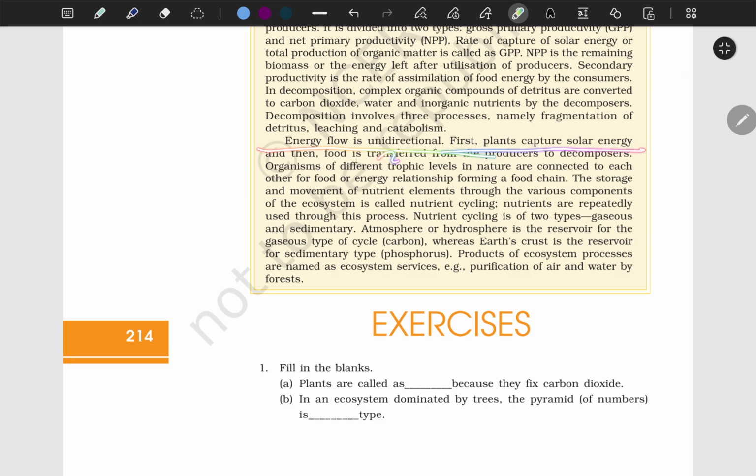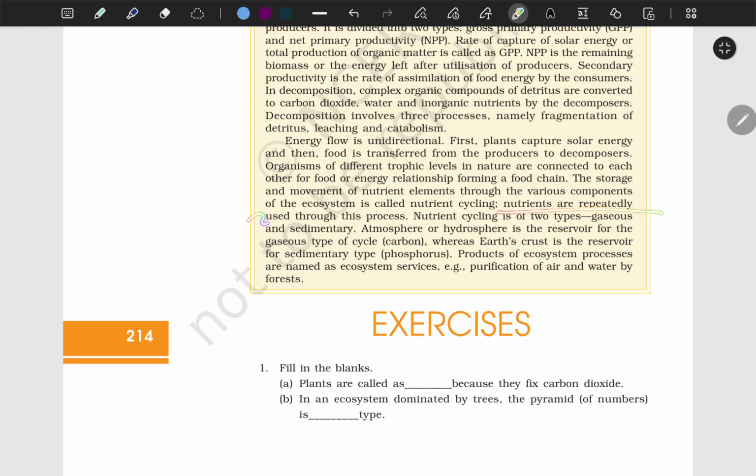First, plants capture solar energy and then food is transferred from the producers to the decomposers. Organisms on different trophic levels in nature are connected to each other for food or energy relationship, forming a food chain. The storage and movement of nutrient elements to the various components of the ecosystem is called nutrient cycling.